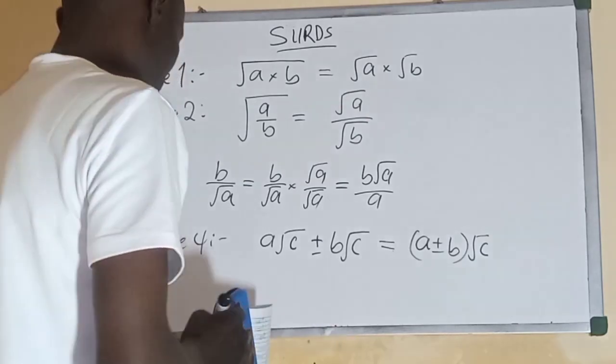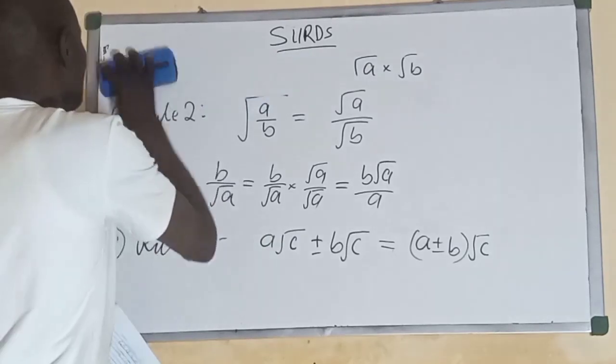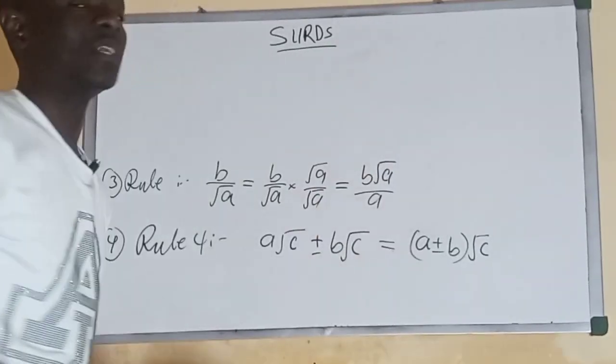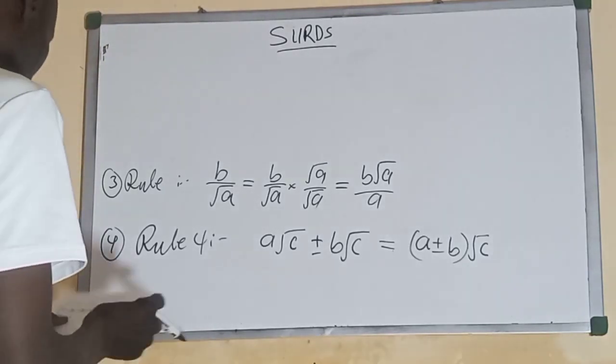Rule number 5 is under rationalization of surds. I hope you are following. You will see what rationalization is when we come to multiplication of surds.